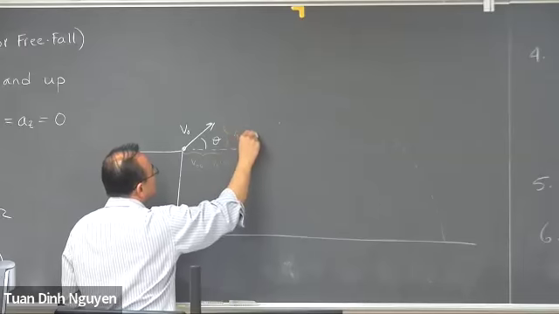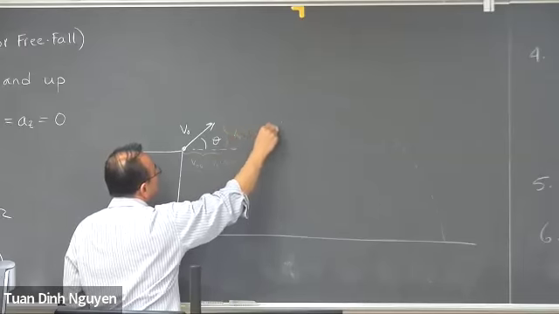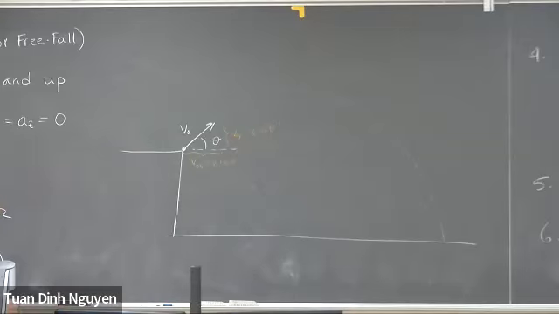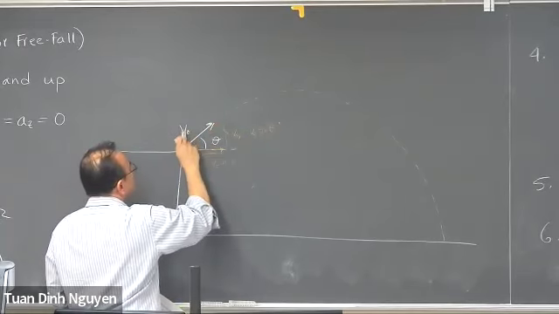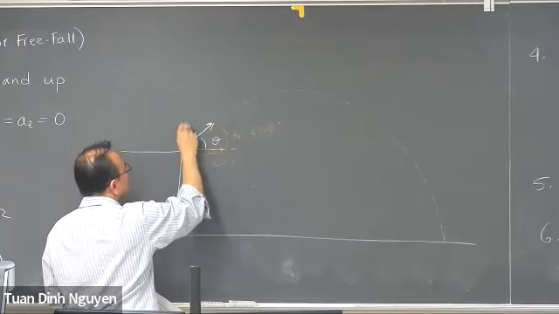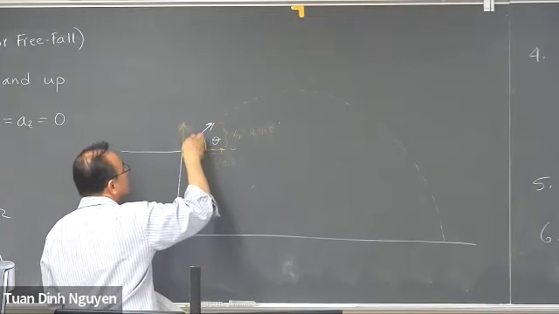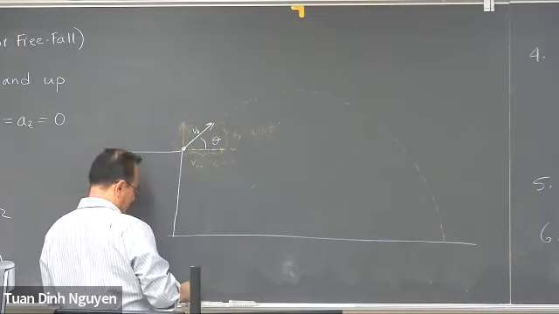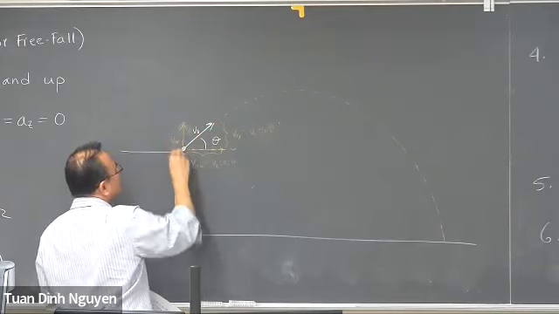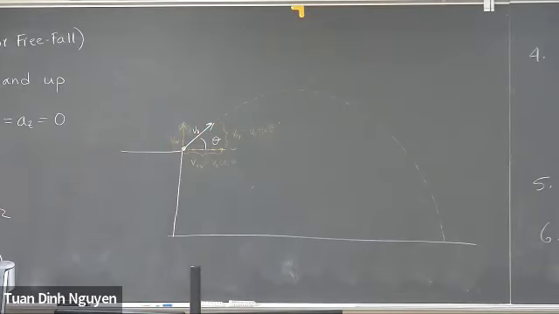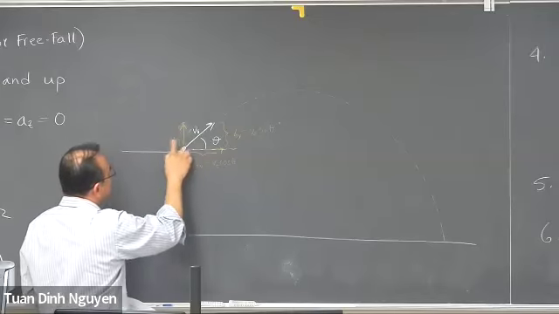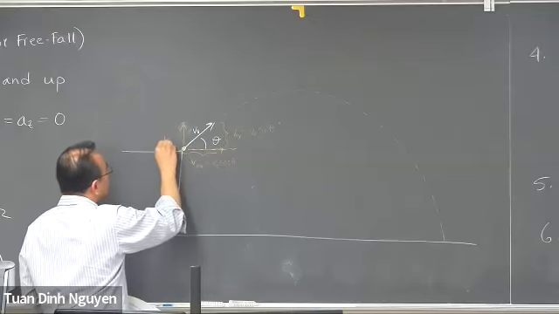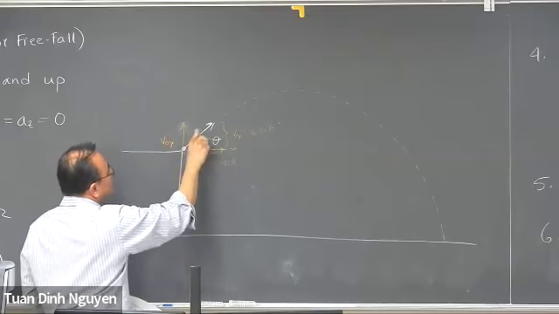V0y is v0 sine beta. Those are the components of the initial velocity, and they can be written like this. So I said, V0y. This is just V0.